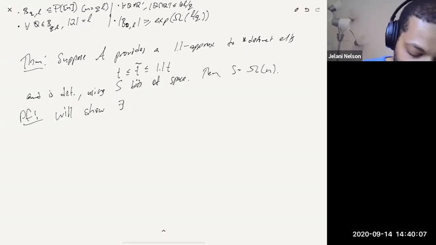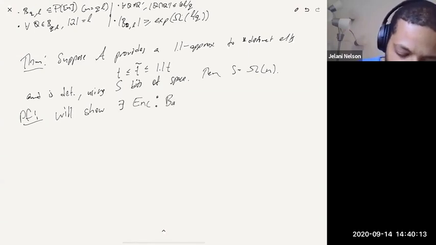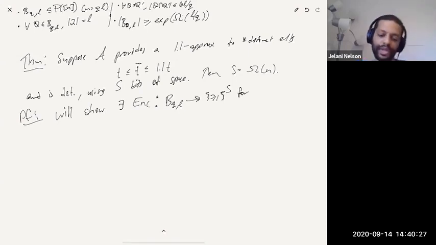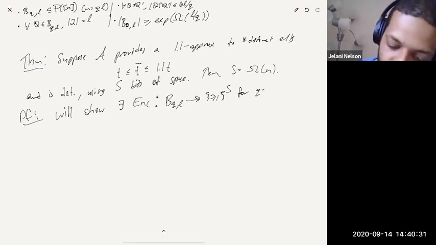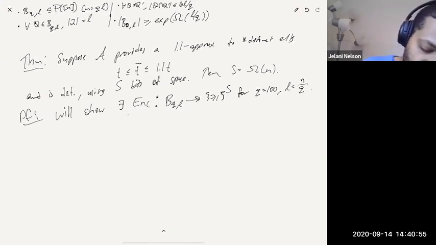We'll show that there exists an injection encoding which maps basically BQL into basically {0,1}^S, for Q equal to 100 and L equal to n over Q, because remember, L times Q is equal to n. I should say there exists, and this thing is an injection, of course.